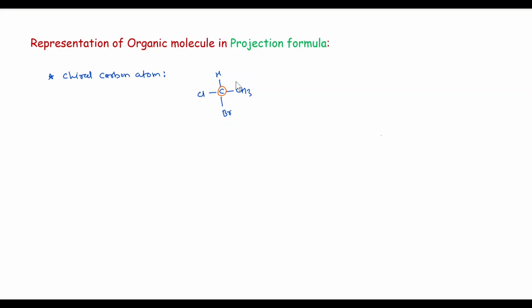There are four different types of projection formula used for the representation of an organic molecule. The first type is the dotted line wedge formula, also called the flying wedge formula.